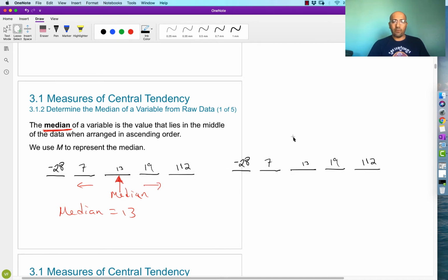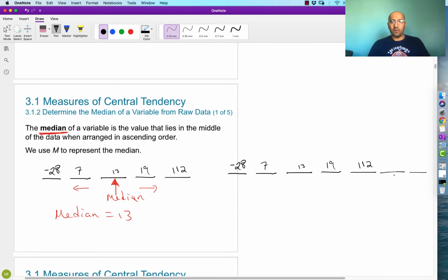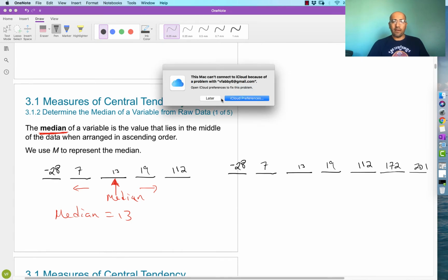Let's say we come back and we look at that, but then we add a couple extra numbers. So now let's say we have another number there and another number there. So let's say that this is the number 172 and the number 201.